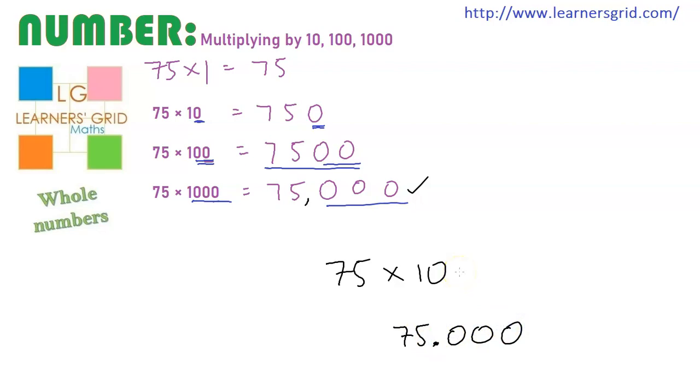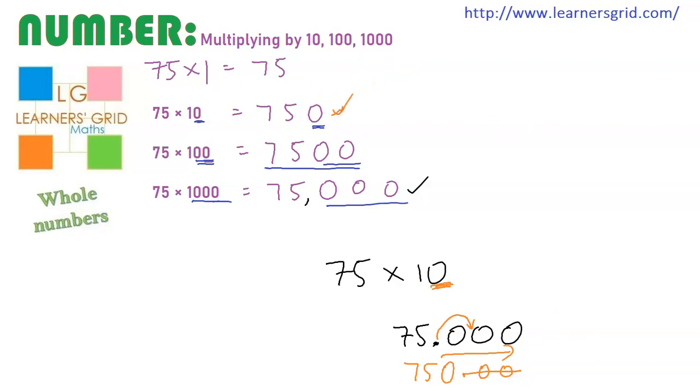And I'm going to multiply by 10, which effectively means that the decimal point gets moved to the right. How many spaces will it have to jump? Well, that depends on how many zeros there are in this factor. Because there's only 1 zero in the number 10, the decimal point goes over 1 space. And so that becomes 750, and the decimal point would be here. And you can have all these zeros you like, it doesn't make any difference. The answer is 750, which is what we have here.